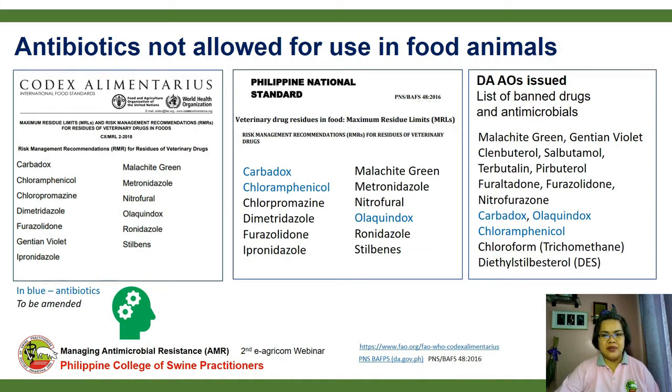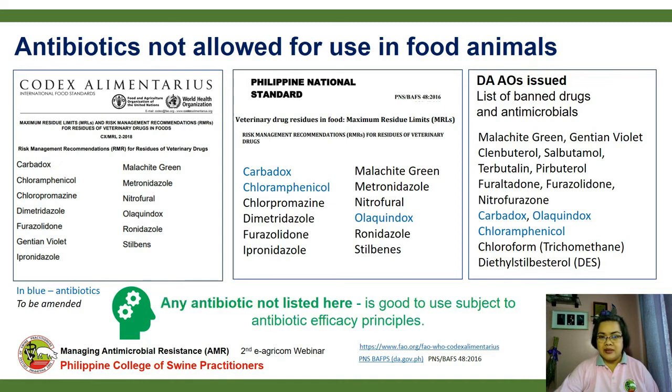Second, for us in the Philippines, we have the PNS, or the Philippine National Standards, as issued by the BAFS under DA. And finally, from BAI, a list of banned drugs and antimicrobials. Highlighted in blue text would be the antibiotics banned for food animal use. All other antibiotics as per PH policy, as long as registered in both FDA and BAI, are allowed for use.